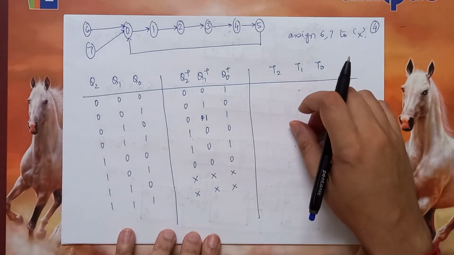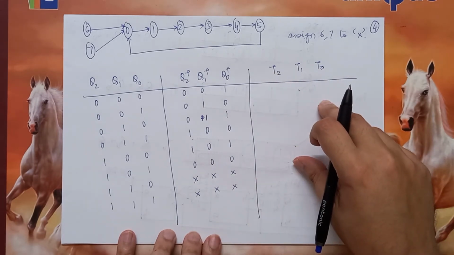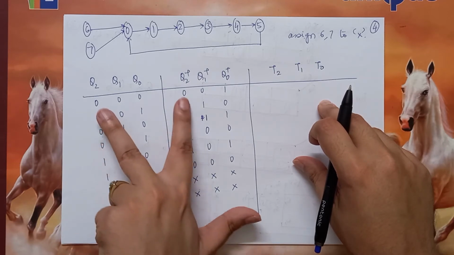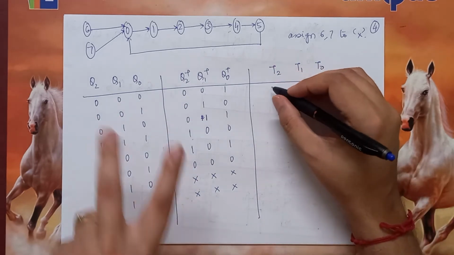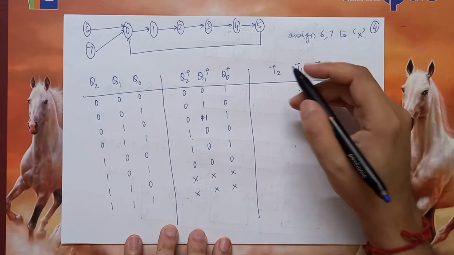Okay, so now what would be T2? Let's write it by looking at these two columns. So here until number 5, it would not change.